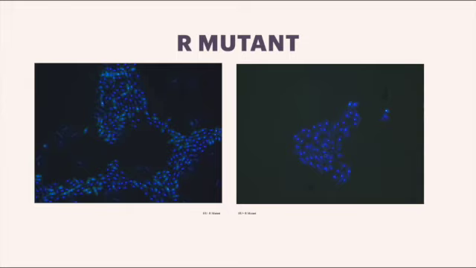This is the R mutant in the fluorescent microscopy pictures. The HU minus shows equal distribution of the DNA in the daughter cells, while the HU plus will show unequal distribution.